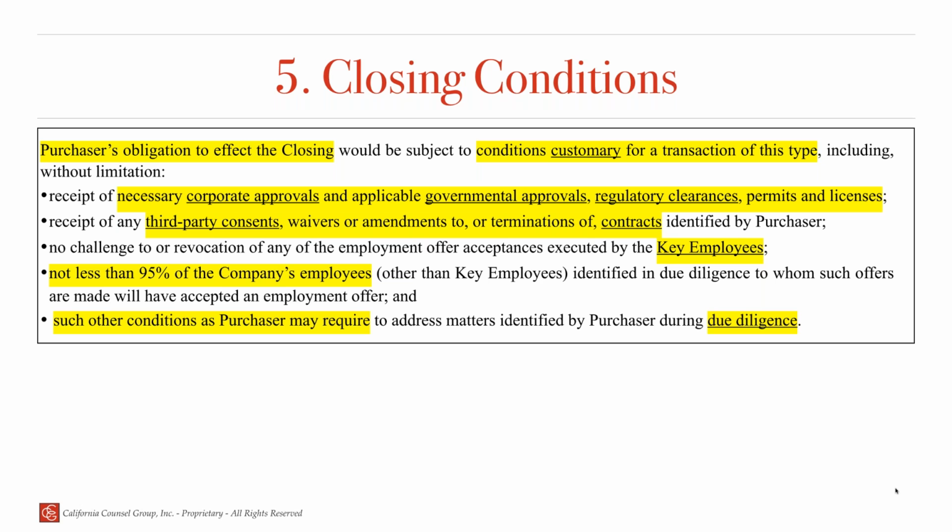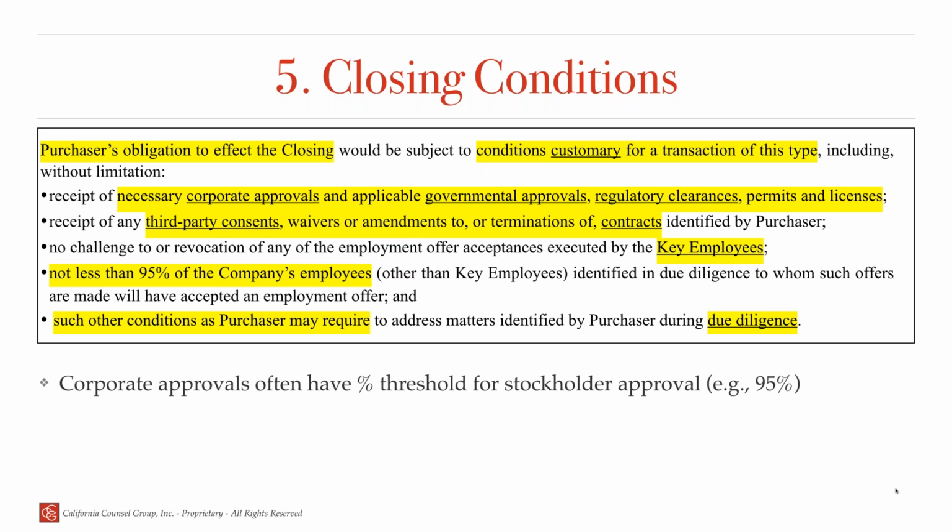There could be government approvals. Matt mentioned regulatory approval or just various things that you may have to do given the type of business. You may have to get regulatory clearances. On the contract side, there are many what are called change of control provisions in contracts.